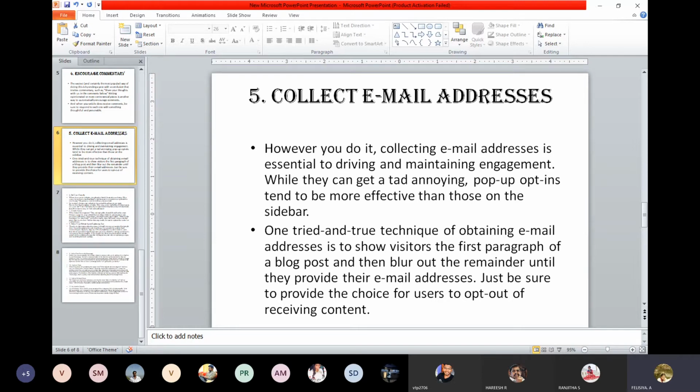Now, in case they are not getting your email address, there is another way they can take your email address. Since they know what is in high demand for which topic, when you go and search for that topic and try to read some content, at one particular point that content will get blurred.